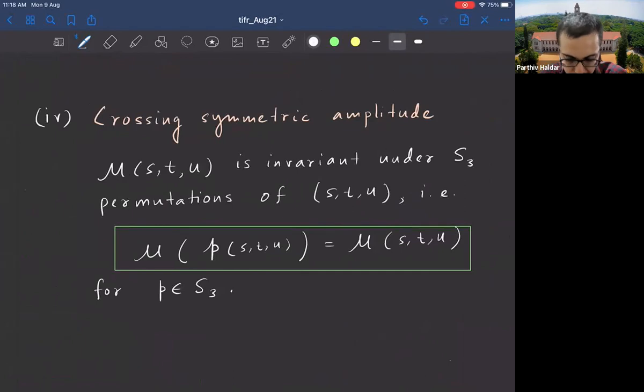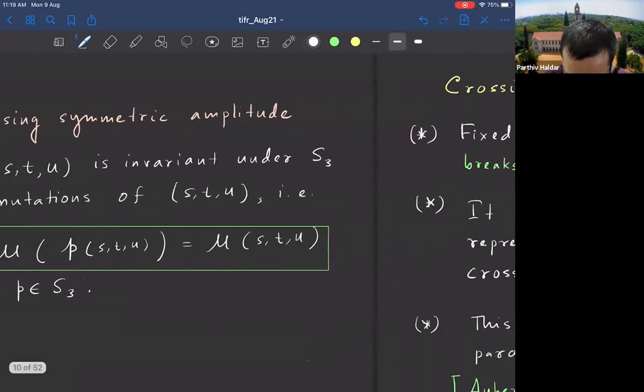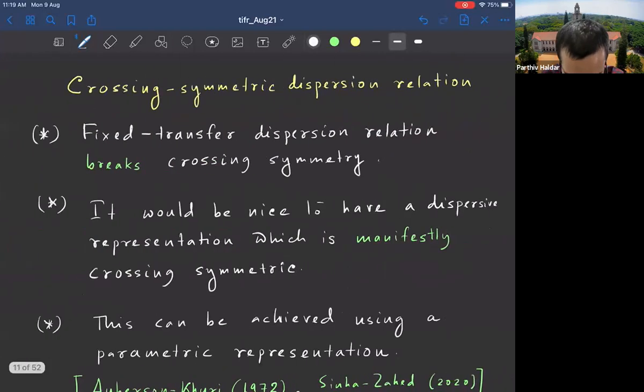So the crossing symmetric amplitude is, as I told you, invariant under the symmetric group of three elements. These are the basic elements, which are the starting point. Based on this, we would now like to say something known as a crossing symmetric dispersion relation.